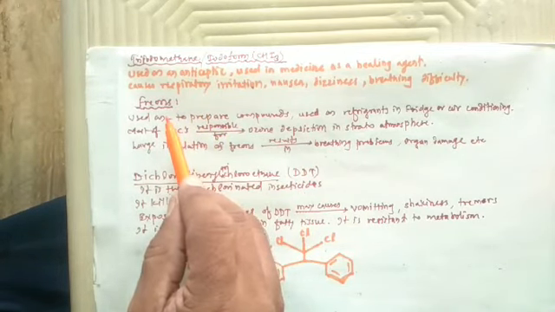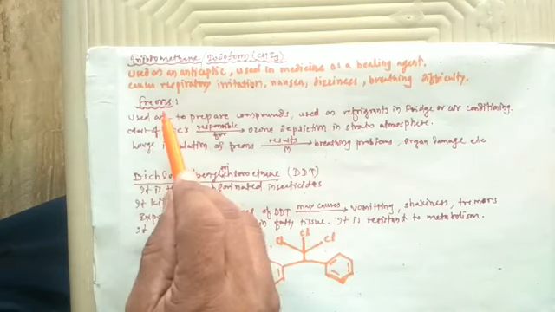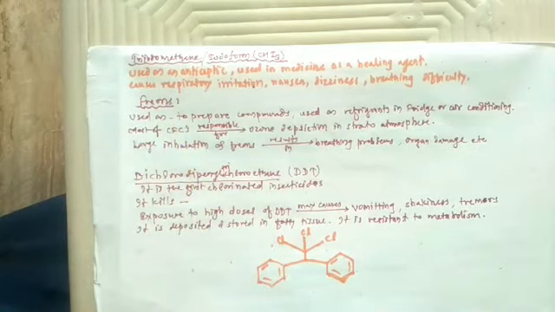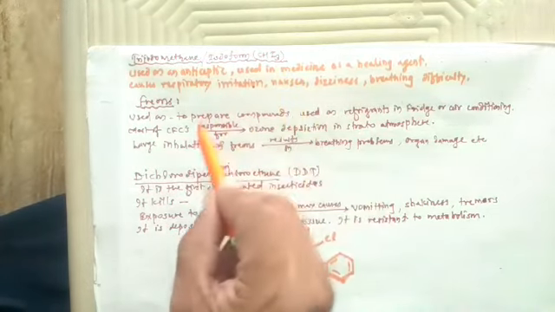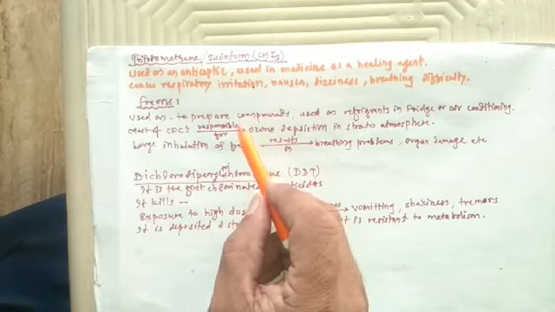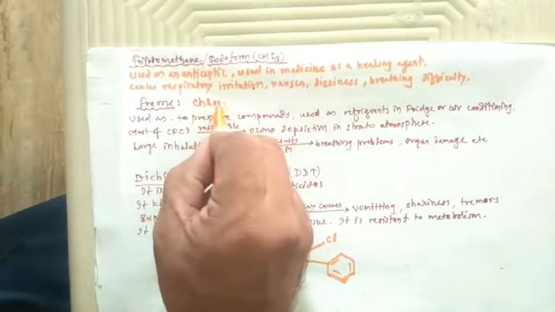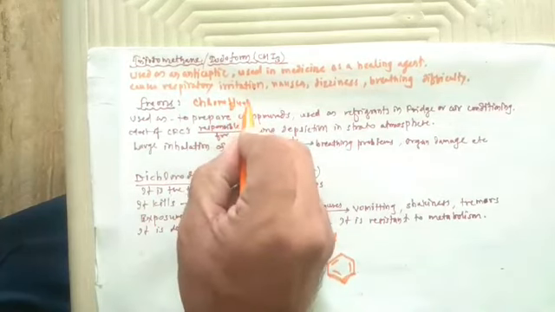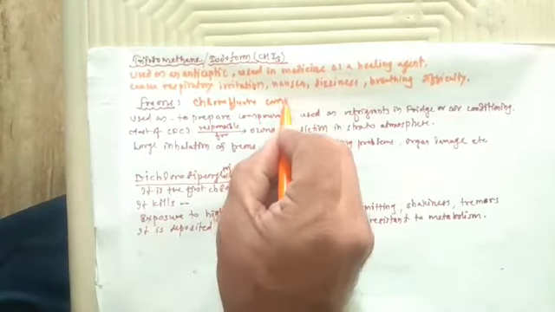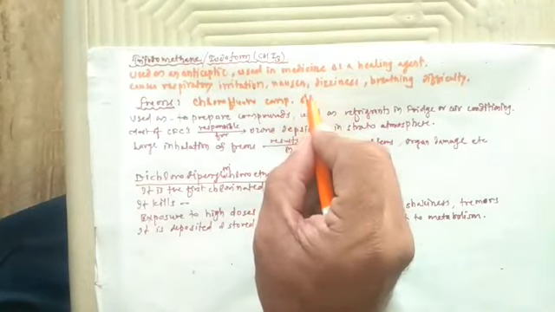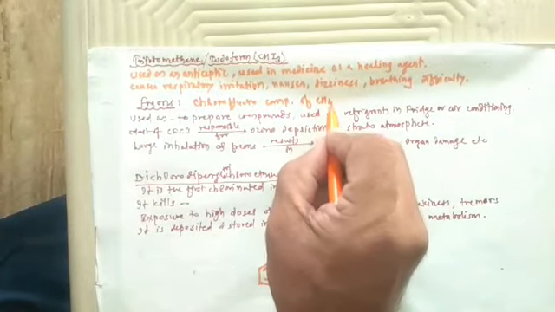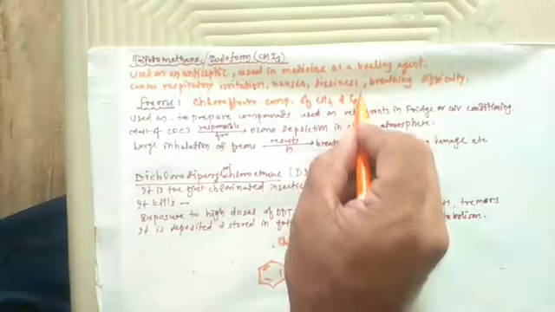Then the next compound is freon. Freons are nothing but chlorofluoro compounds of methane and ethane.